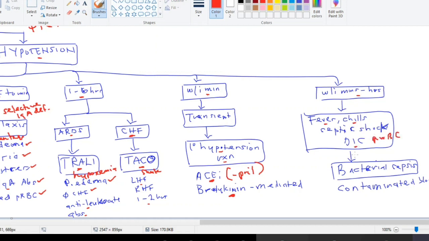If it's gram-negative sepsis, they may have DIC. So now we're thinking bacterial sepsis. This is not common anymore, but it can occur. Bacteria can contaminate stored blood products, and after transfusion, they're going to go into septic shock. So this patient will require antibiotics and IV fluids for stabilization. And then you stop the transfusion and send it back to the lab to confirm the most likely cause.